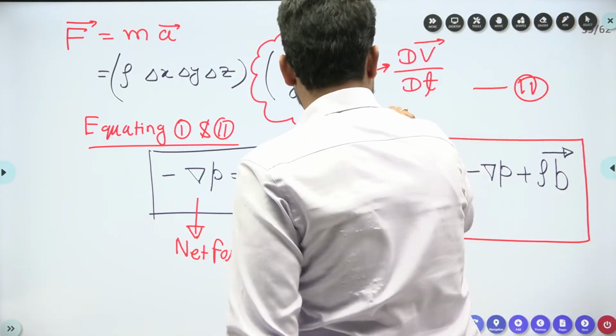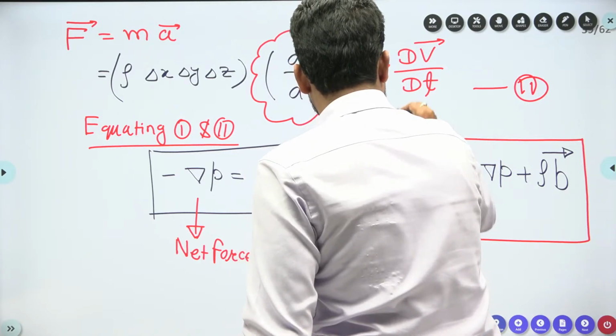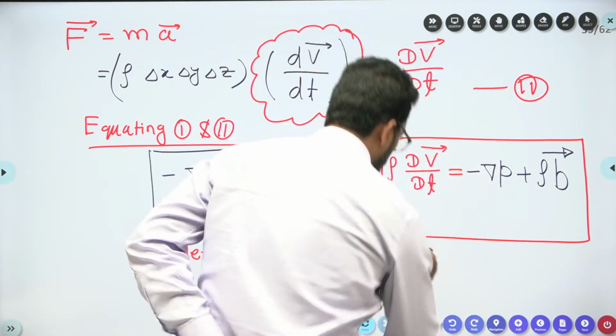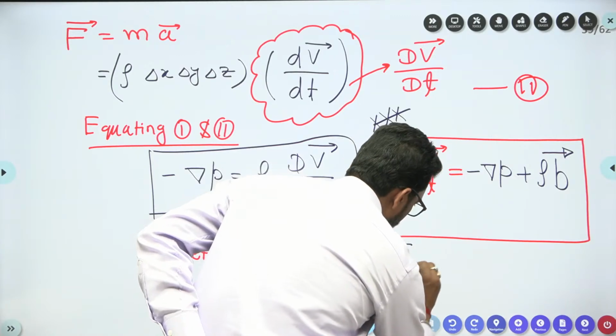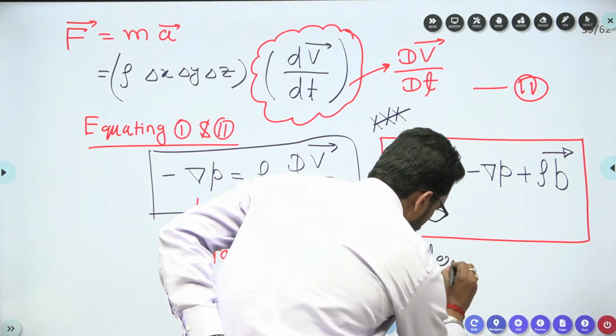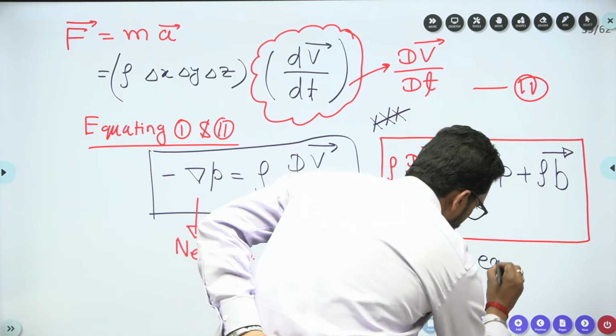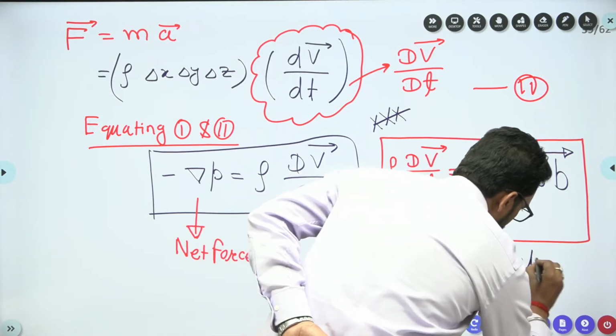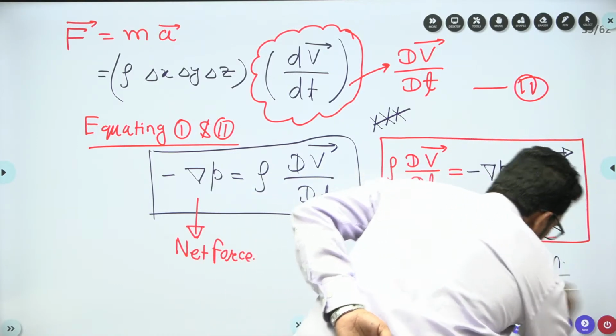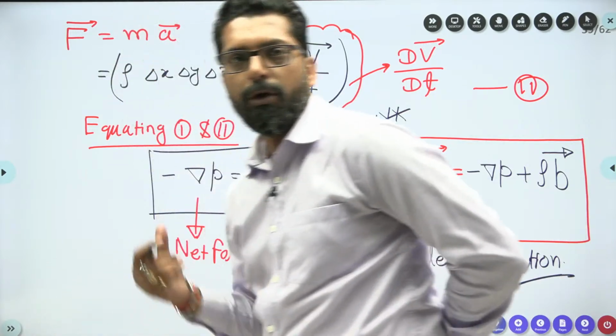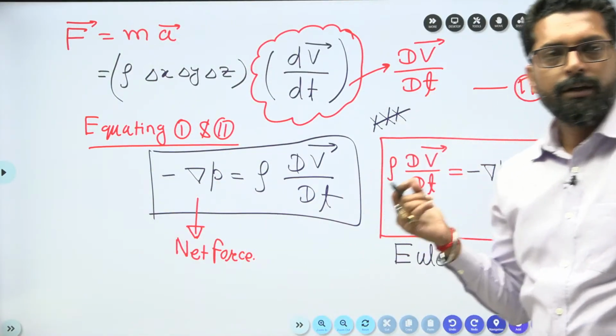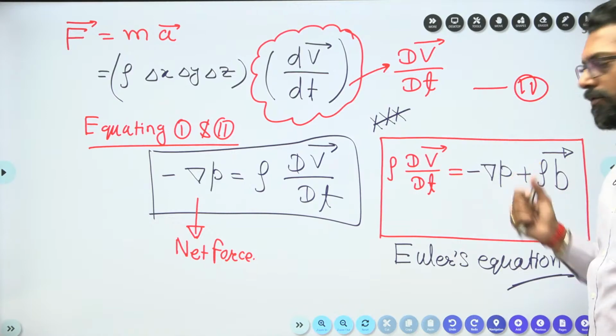That's it. This is your Euler's equation in the form of vector. Is there any problem? This is your net force, the body force also.